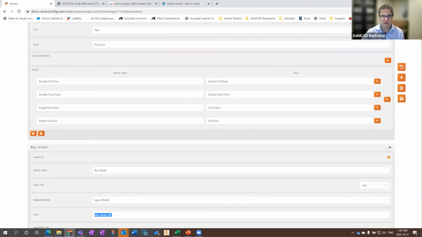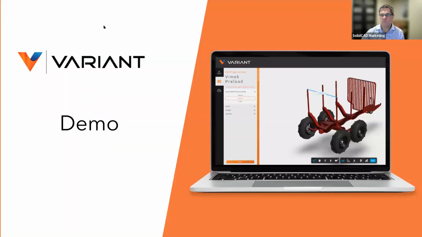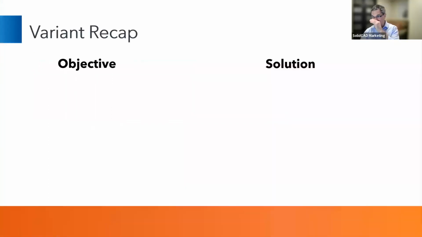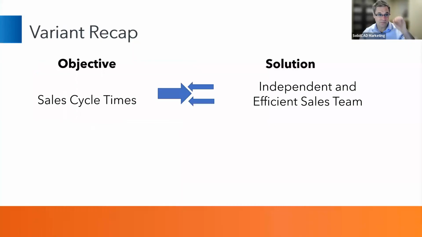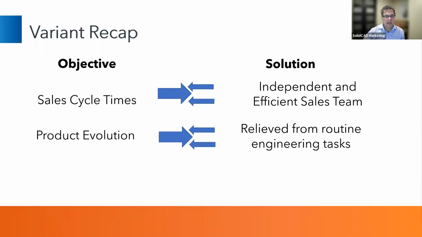I'm going to pull this out of the way. We'll just do a quick summary again. What we're trying to do is reduce that sales cycle time, let your sales team or your customers be self-serve, so that your engineering team can be independent and efficient.